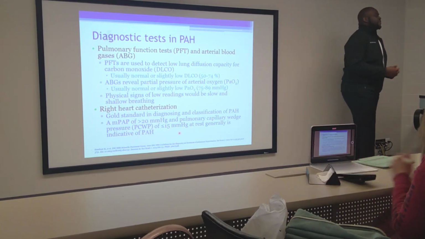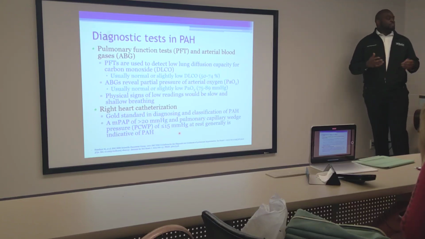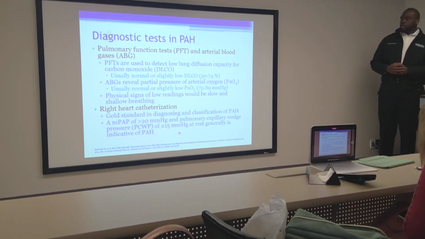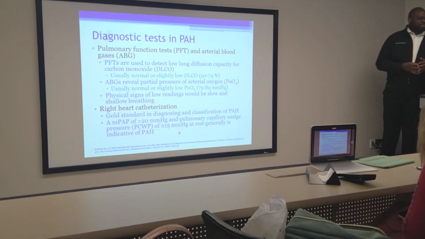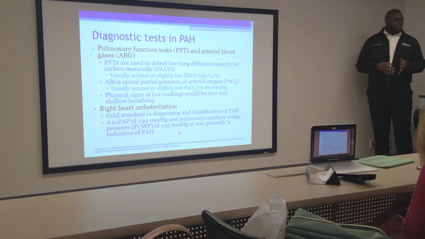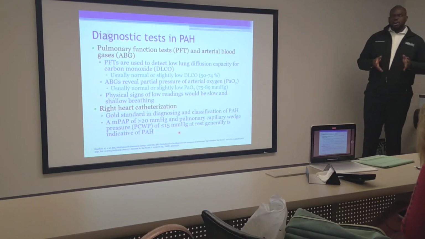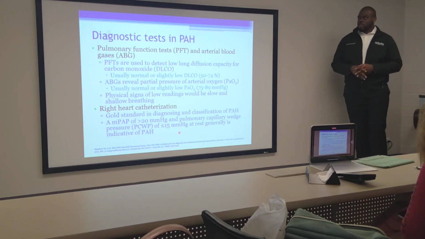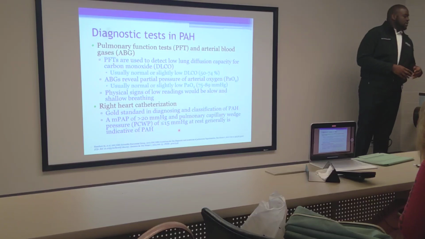Then you also have your ABGs, which detect your PaO2, the partial pressure of arterial oxygen. It's usually normal or slightly low, about 75 to 89. Normal PaO2 is usually between 80 and 100.